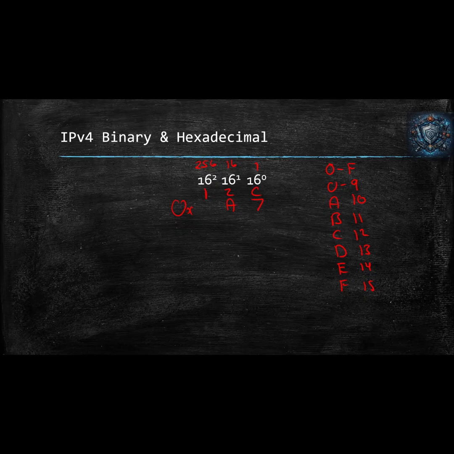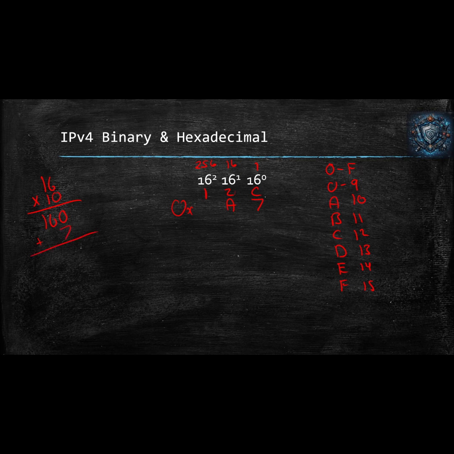So here's how we do this. A means 10. So what we're going to do is we'll say 16, because it's in our 16s place, right? 16 times 10, that's 160. And then we're going to add 7 to that, because it's 7 in our ones place.